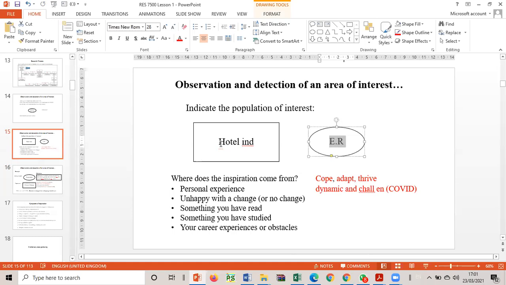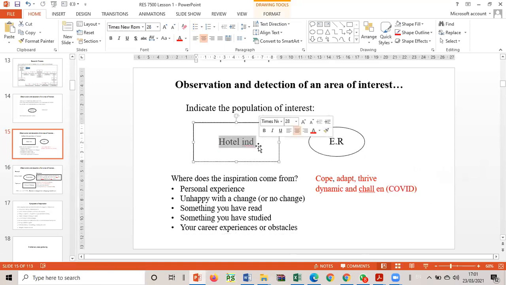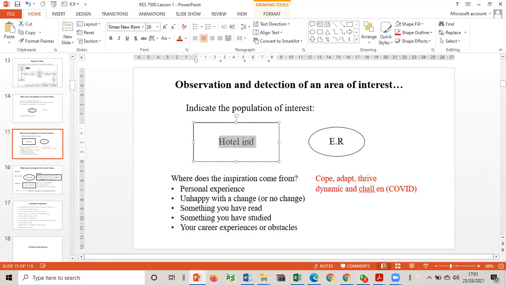Now you can talk about COVID-19 itself. You can write 2 paragraphs on COVID-19 itself, and another 2 paragraphs on the hotel industry. And this is where your introduction, chapter 1, comes in. Why this dynamic and challenging hotel industry? As it is, competition is there.